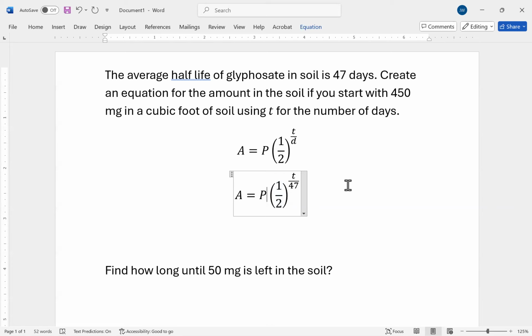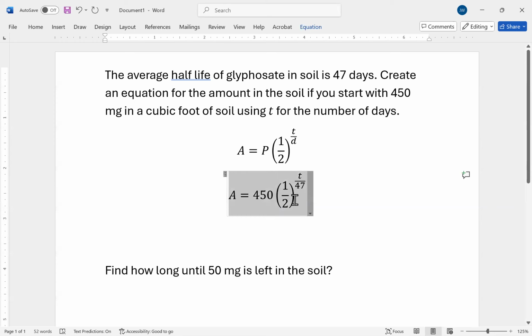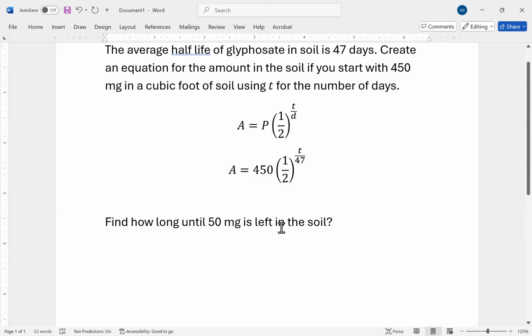It also says that we start with 450 milligrams in a cubic foot of soil, so this amount is going to be in a cubic foot of soil. This would be the equation that I want. Now we can turn that into a function by just thinking of A as my output and T as my input. That is, A is a function of T. But for right now, we'll just leave it as an equation. Typically, I don't rewrite it in function notation unless specified.